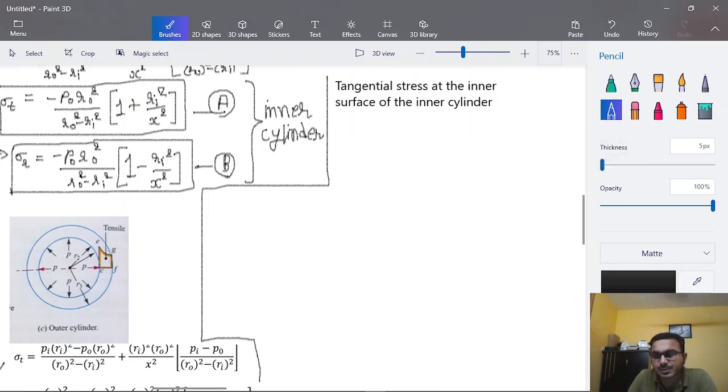If we see equation A, instead of Po, we will be putting P. Instead of Ro, the outer radius, will be in this case R2, Ri will be equal to R1, and instead of x we will have R1, because we are focusing on the inner surface of the inner cylinder.